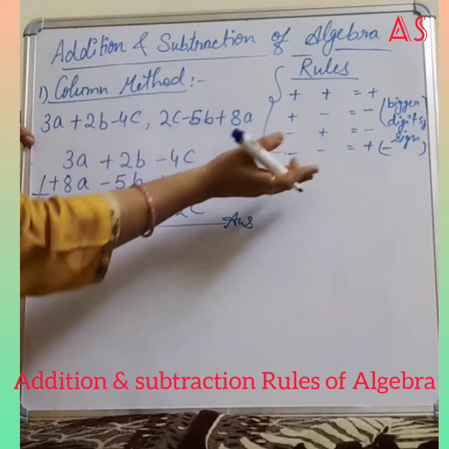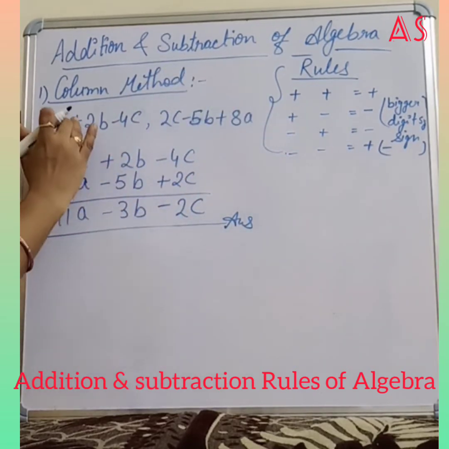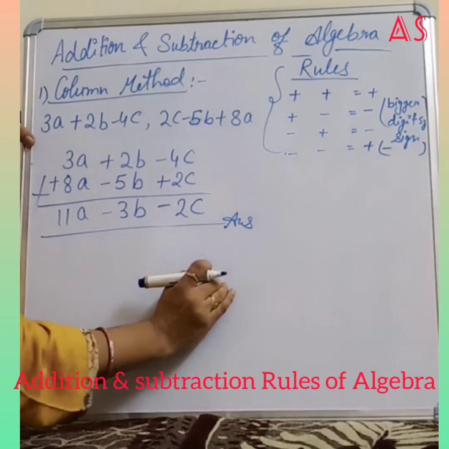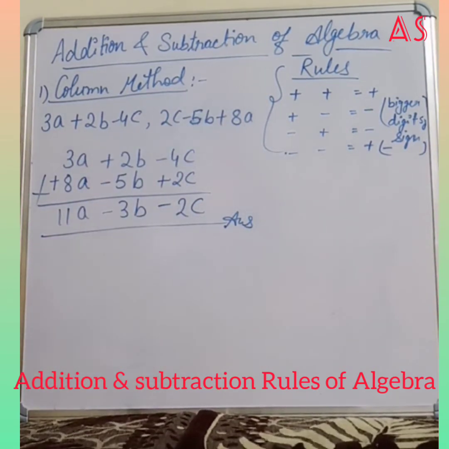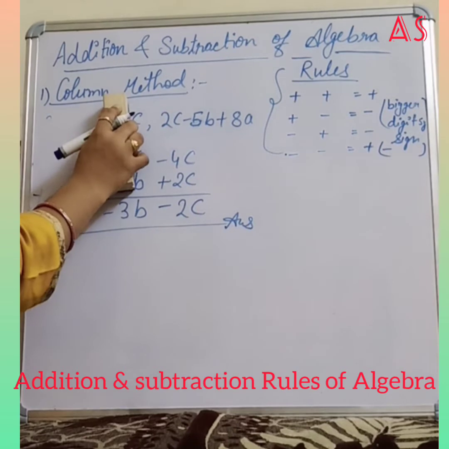If we have 3 parts, below that we will write together first part, second part, third. Then we add according to integers. So one more example I am giving you, column method.